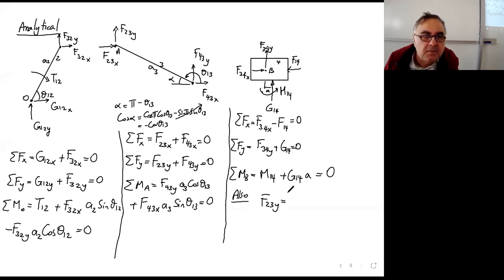F23y is equal to minus F32y, okay? F23x is equal to minus F32x. That is the action equals reaction in the joints.